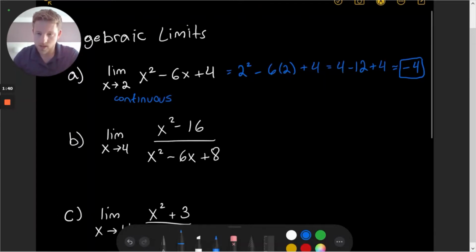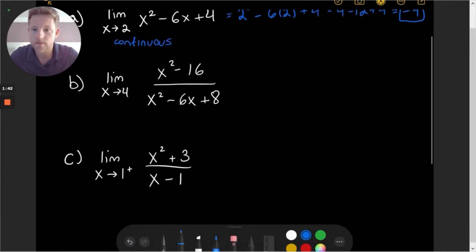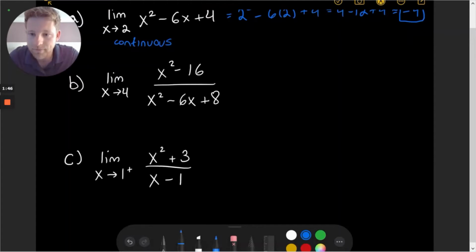That will change here in part B. In part B, we're going to have to use a little bit more of a refined technique. Here we want to take the limit as x goes to 4 of this rational function. So we have a second degree polynomial in the numerator and a second degree polynomial in the denominator.